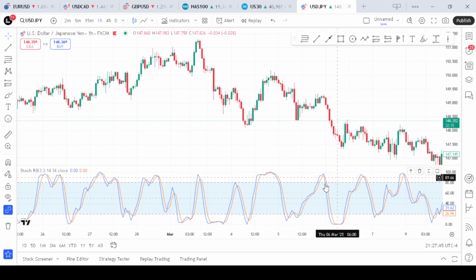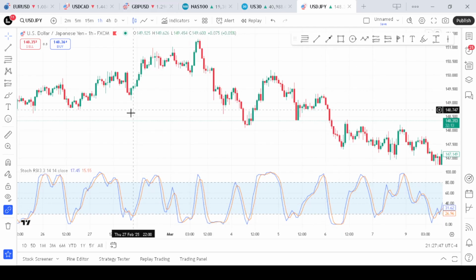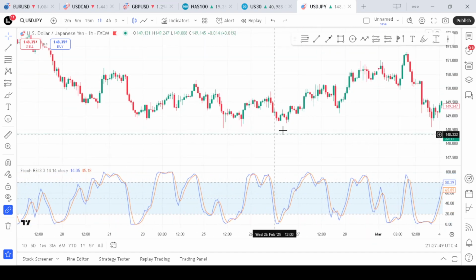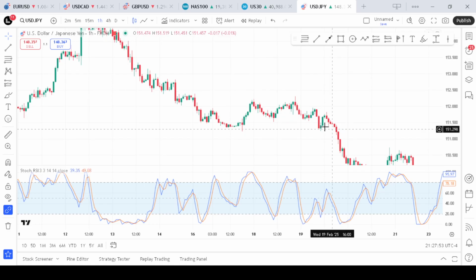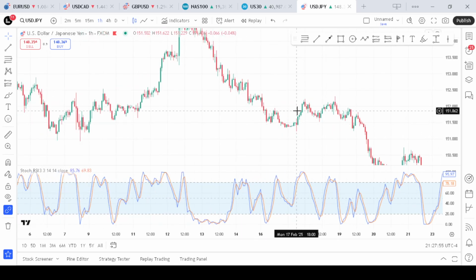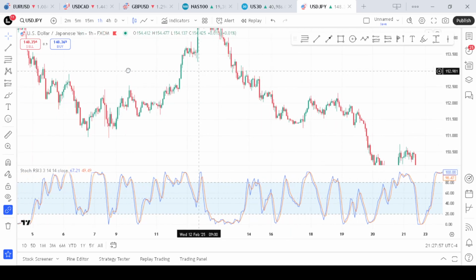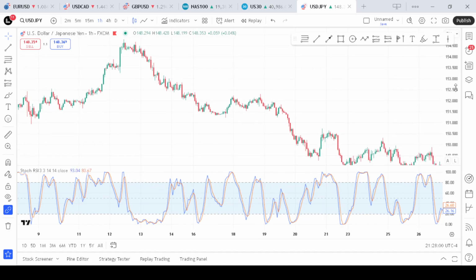Now, let's look at a trending market to better explain what happens on the chart. As you can see, price is trending to the downside in this area, and we can see the stochastic indicator at this area was already signaling an oversold region, giving us areas where we could buy in.